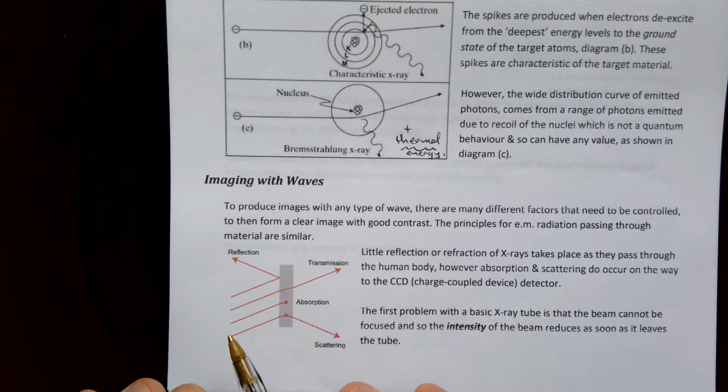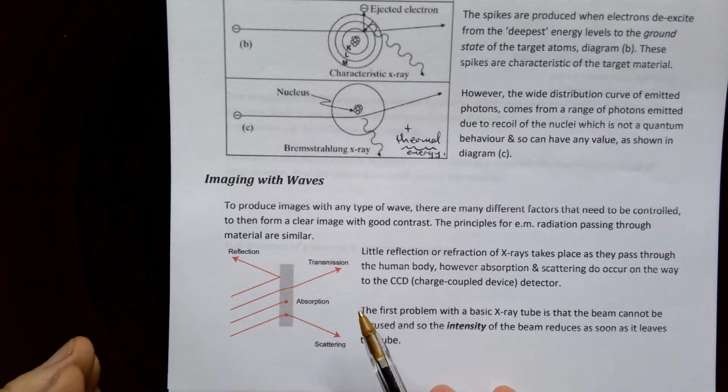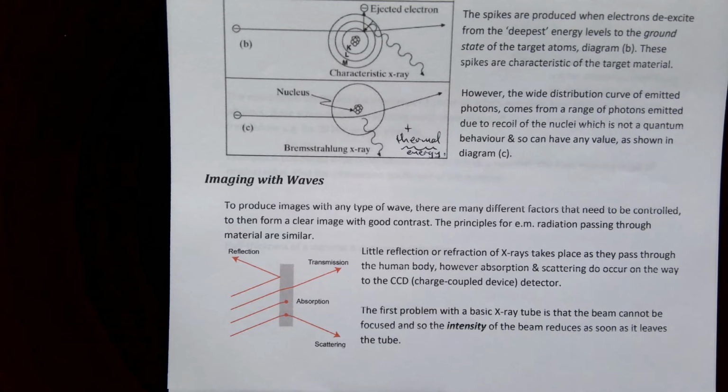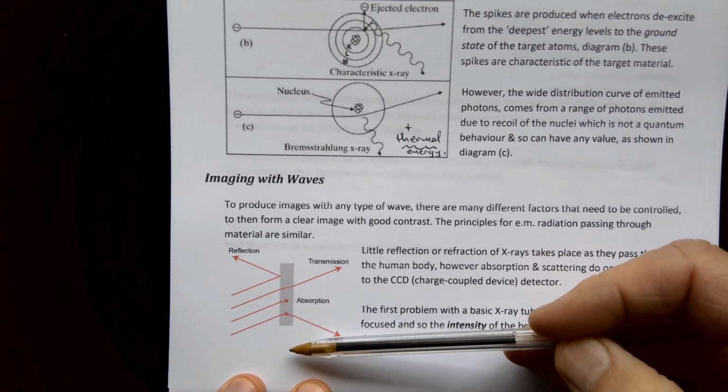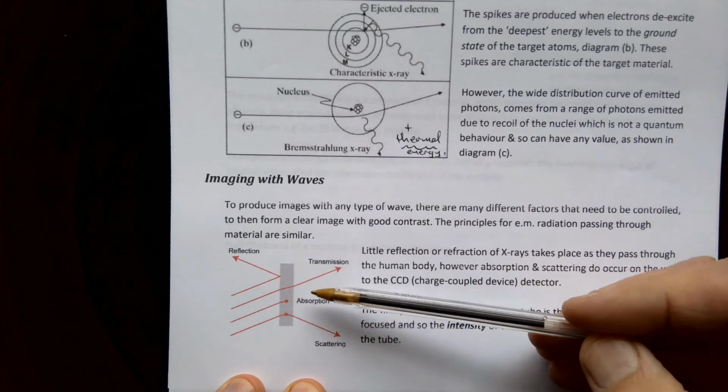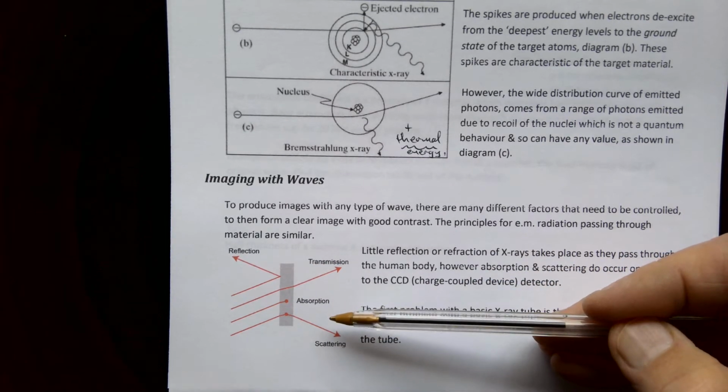If you are shining waves of any variety, in this case X-rays, into a substance, you get 4 basic effects. Mainly 3, but it varies with the type of wave. If this, for example, was your bathroom mirror, then most of the light is reflected off, which is what we use the mirror for.